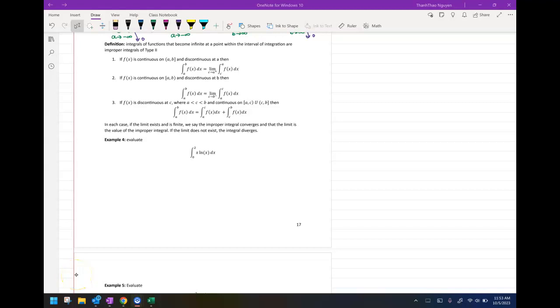Integrals of functions that become infinite at a point within the interval of integration are improper integrals of type 2.